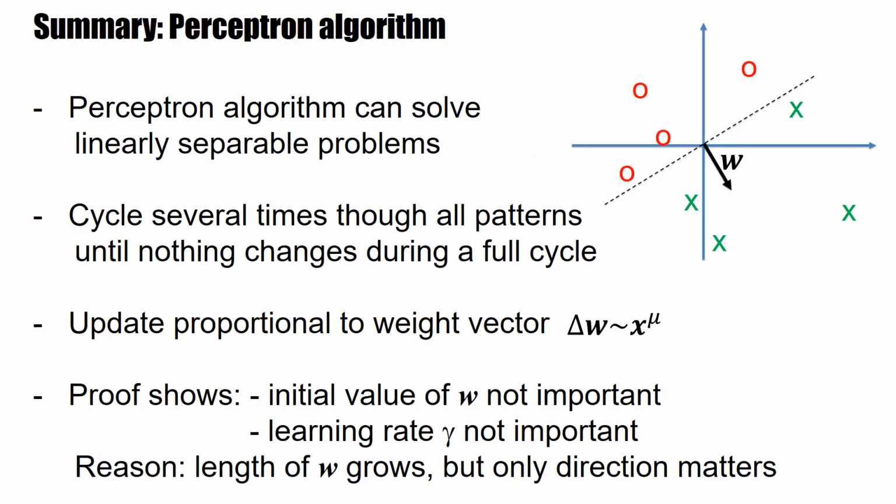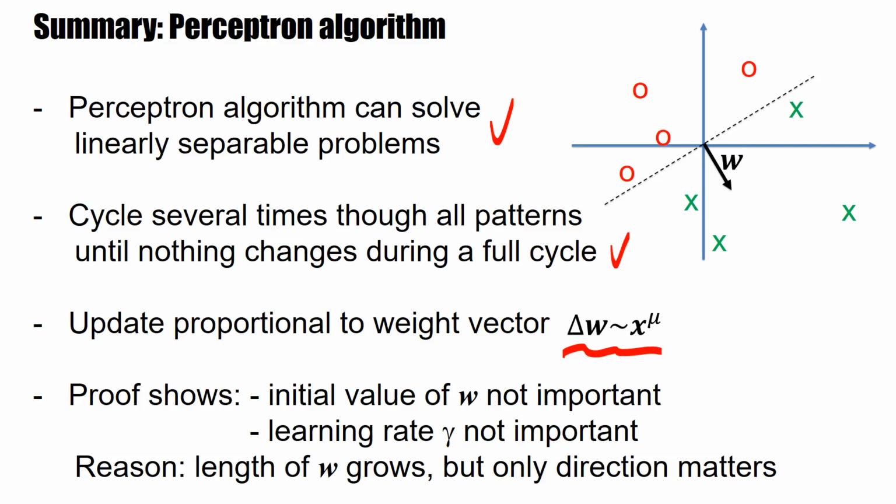So let me summarize. The Perceptron algorithm can solve linearly separable problems. To do that, you have to cycle several times through all patterns until nothing changes during a full cycle. The update is always proportional to the weight vector. Now, I say proportional. In fact, it's in direction.